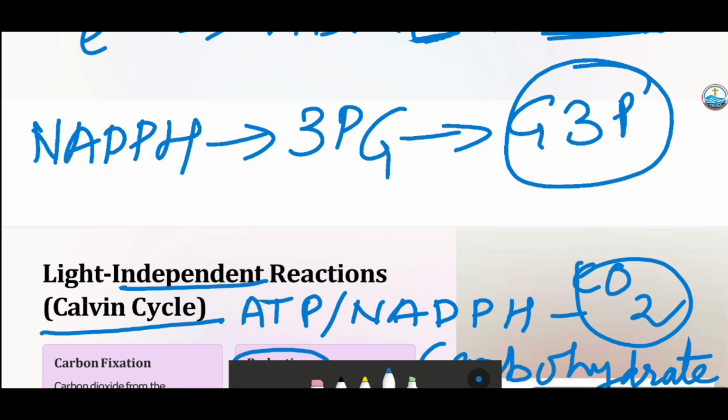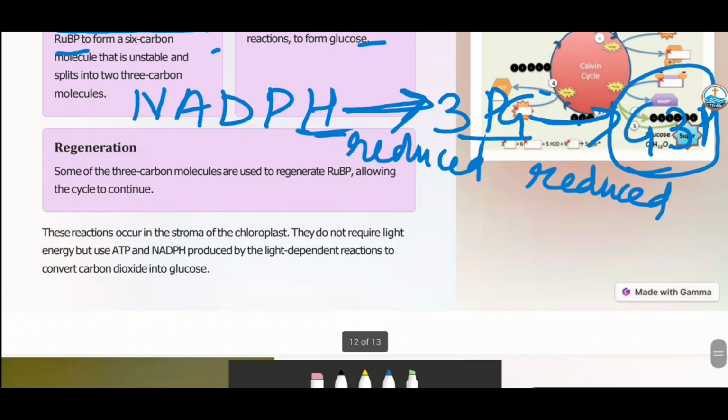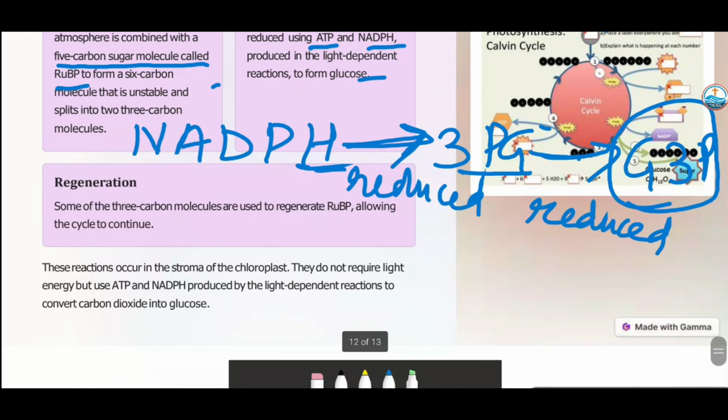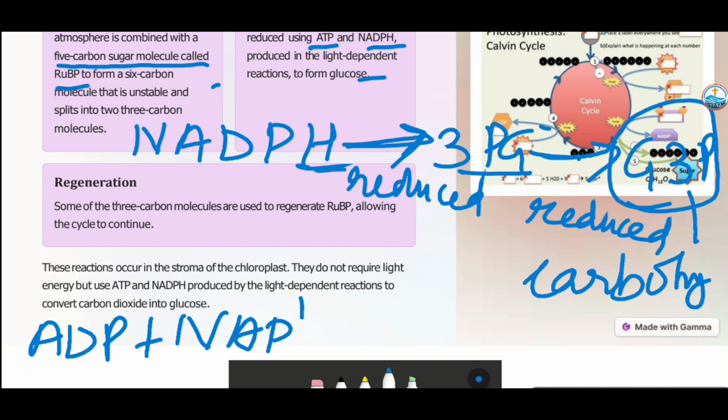This is a carbohydrate. All right, so after this, what will happen? When this has already been reduced to G3P, which is a carbohydrate, please note down, this is a carbohydrate. So what happened? ADP and NADP plus return back to the thylakoid.